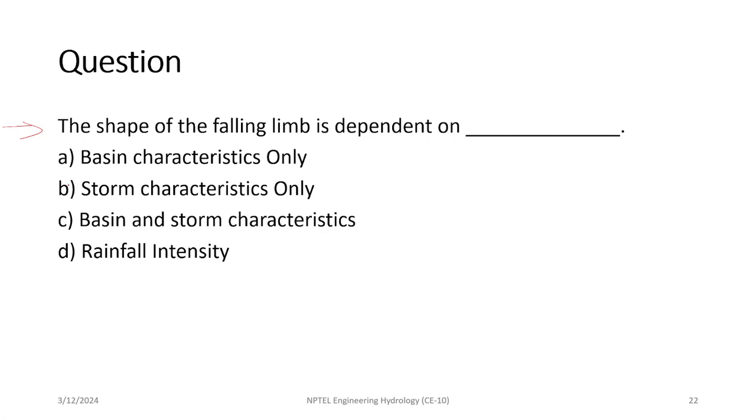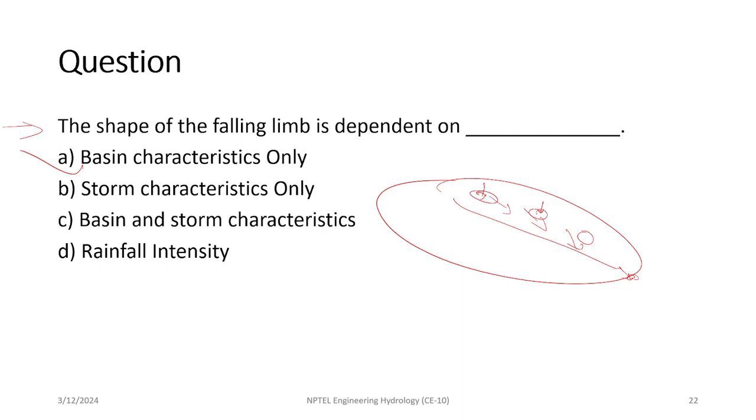In this case, only basin characteristics will play a role, because wherever the depressions may be, the water that has been stored in the depression will now start accumulating and coming to this point.